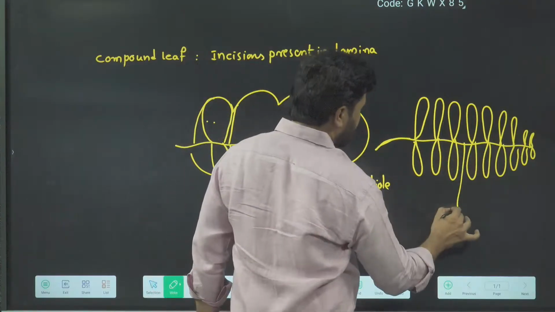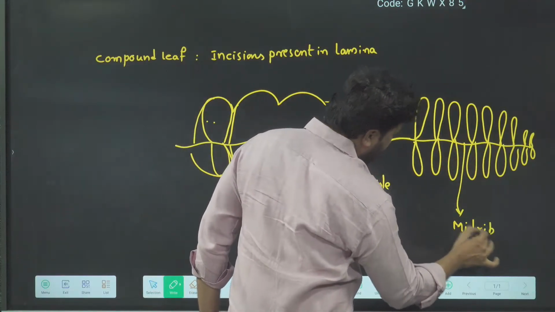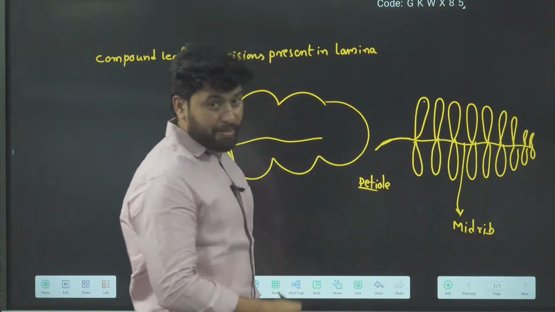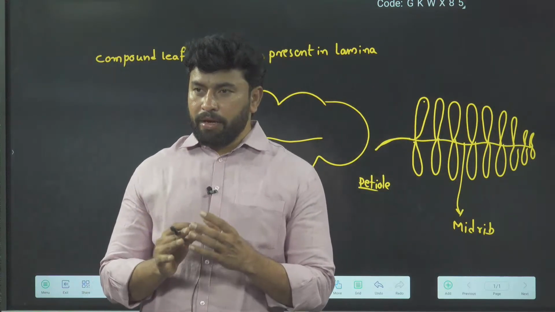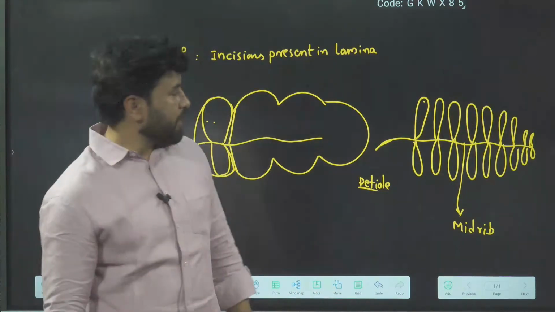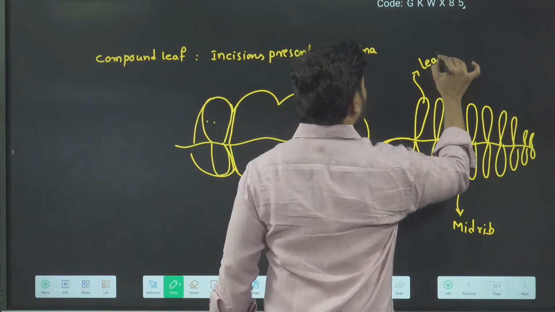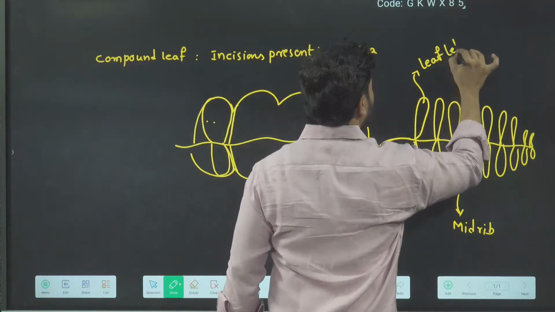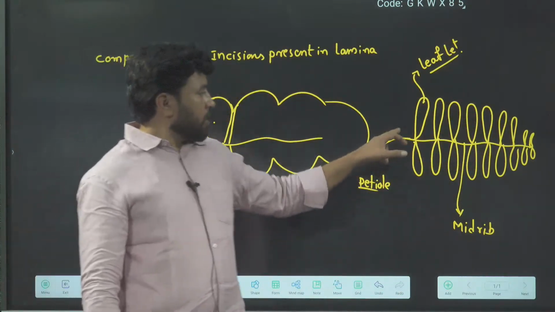What is this? This is the midrib. And this was earlier what we used to call the lamina. Now the lamina has been incised and we call it a leaflet. Is it okay? Like this.